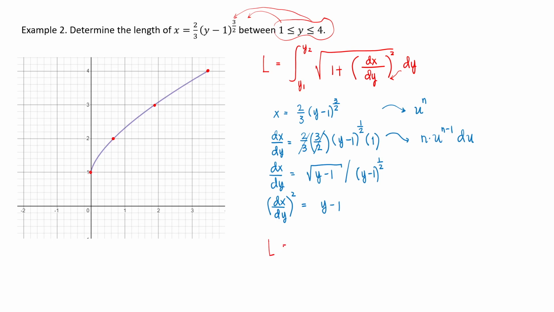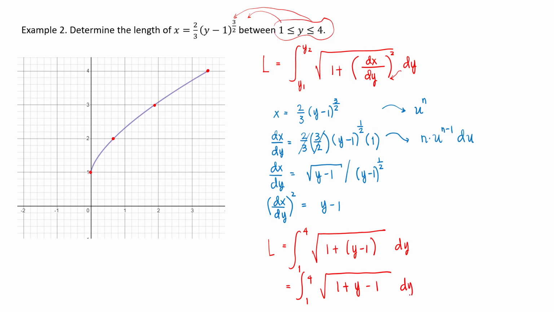So L is equal to, again from 1 to 4, the square root of 1 plus y minus 1 dy. So from 1 to 4, square root of 1 plus y minus 1 dy.